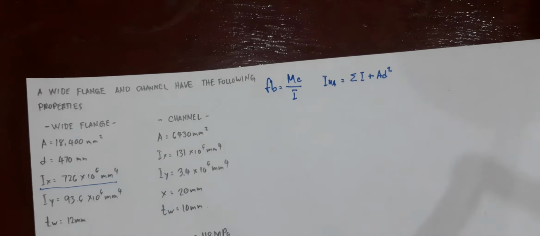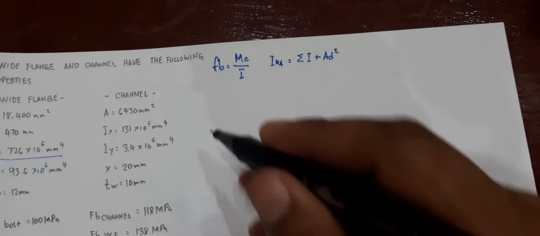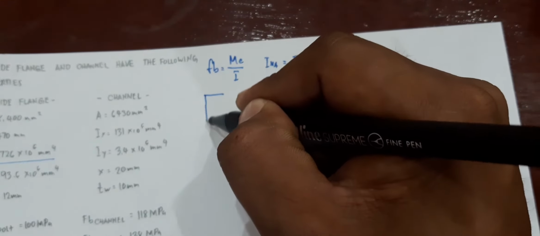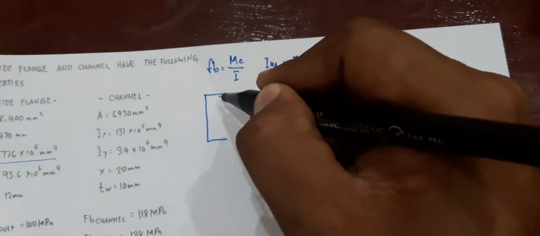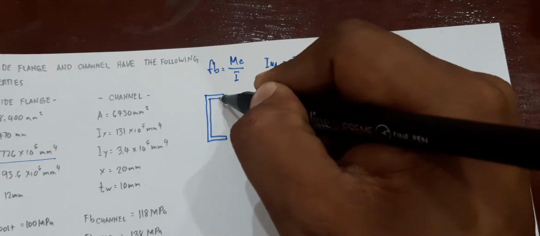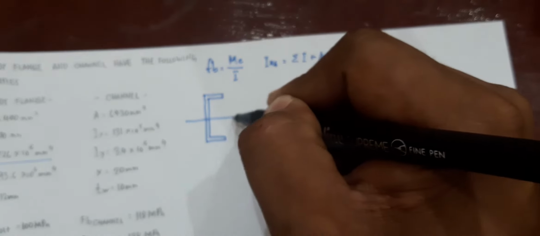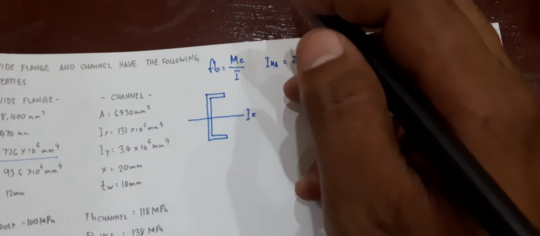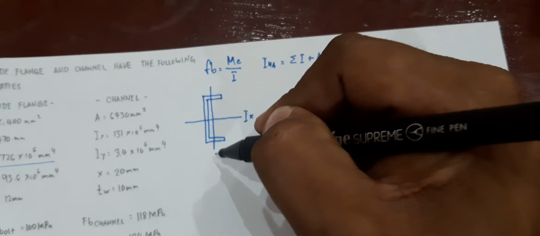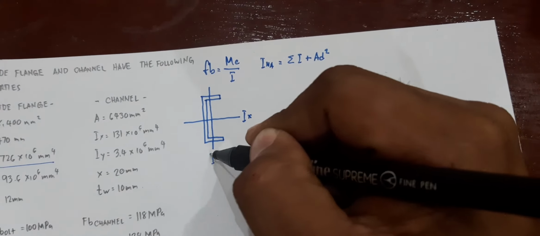Now, the channel section by default is oriented in this particular manner. In this particular manner, your strong direction is this one. So, IX is in that particular direction. And then your weak direction is on this section, IY.